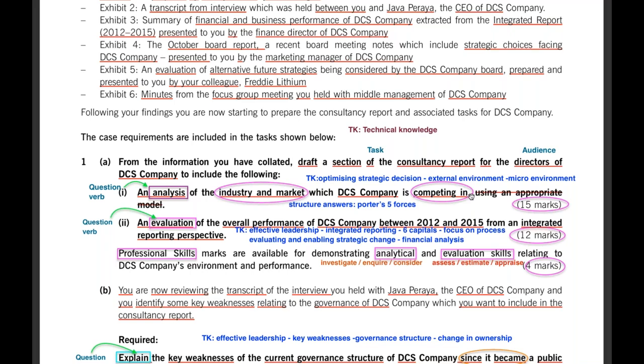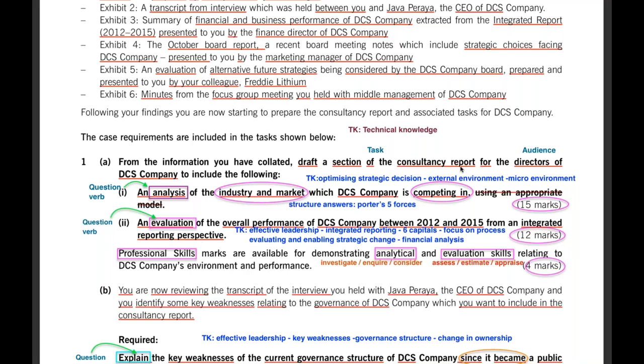And then I just want you to look up to this full stop that I have here. And then the next part that you have is an evaluation of the overall performance of DCS company between 2012 and 2015 from an integrated reporting perspective.